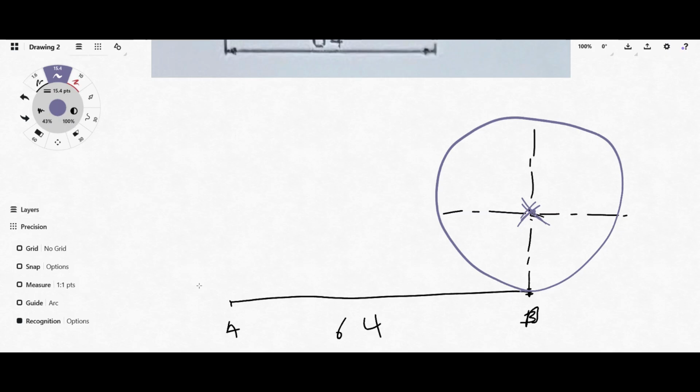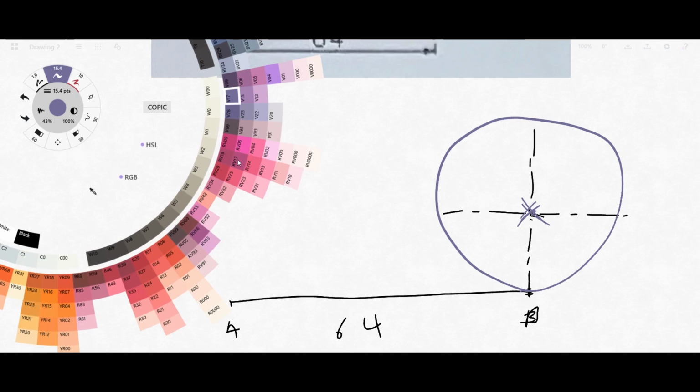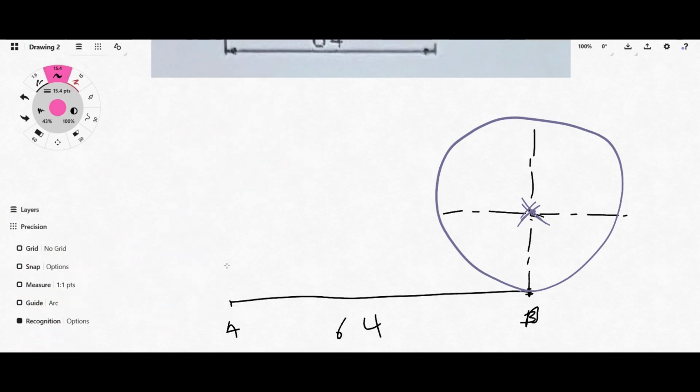Now the next thing to do is get the other arc, right? So let me start by changing the color of the brush so that we can see the differences. From this point here to the center of the second arc, we don't know exactly where it is, but we know the distance between it and this line, and it should be 51 millimeters.